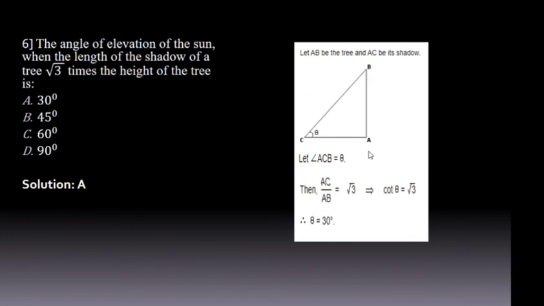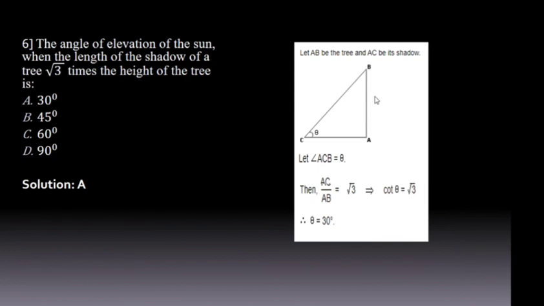Okay. This AB is the tree. Then the sun will be somewhere over here. So I can see the shadow of this tree as CA. This is the shadow. So this becomes my angle of elevation which I have to find. Just read the problem again. The length of the shadow of a tree is root 3 times the height of the tree.